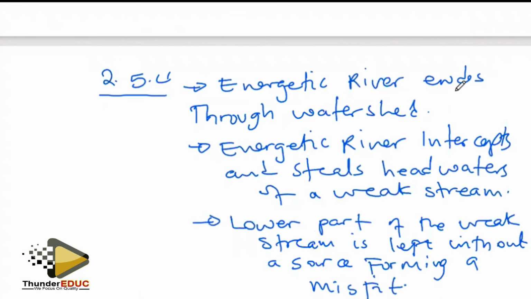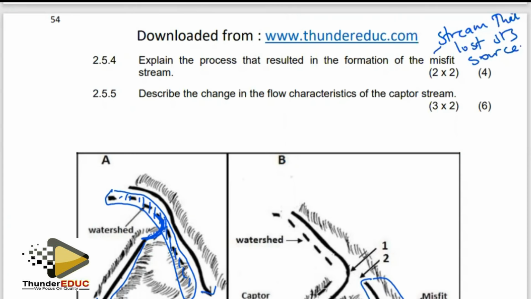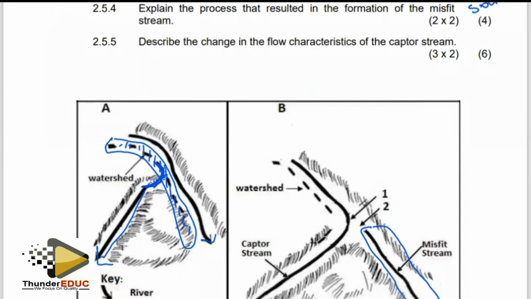So we say an energetic river erodes through the watershed, as you can see here. So this is our energetic river. She was able to do headward erosion through the watershed.